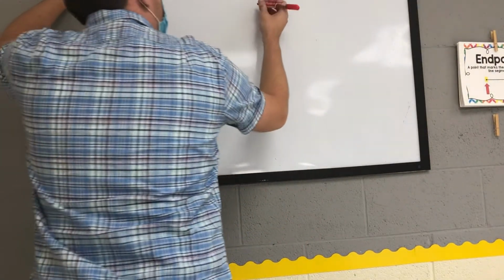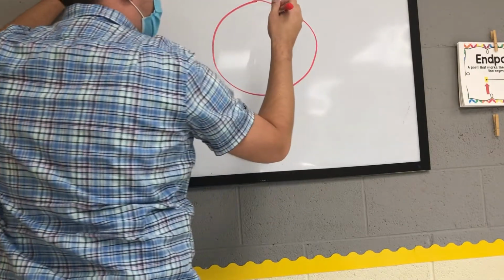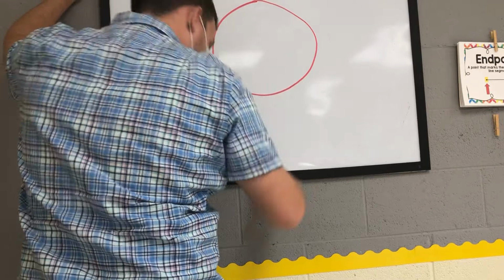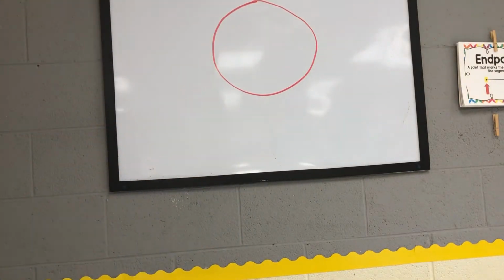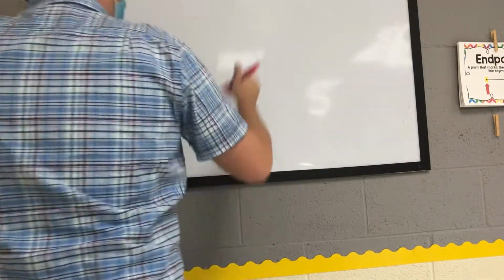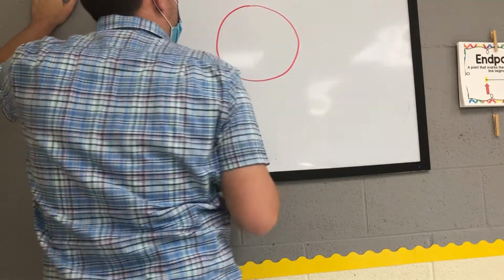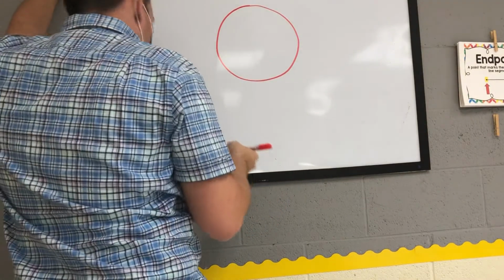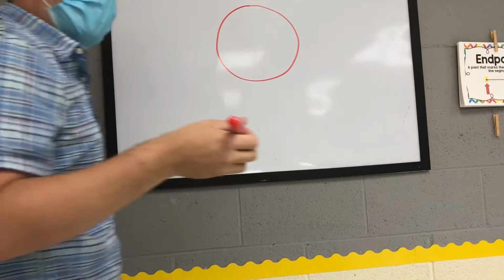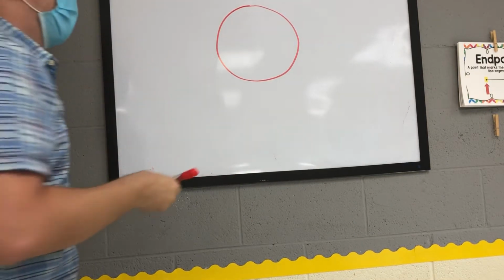We have a clock. Okay? I tell you what, I bet I can do a little bit better of a circle than that, can't I? So there's a circle, it's a clock, and we're going to say that it's 4 o'clock.